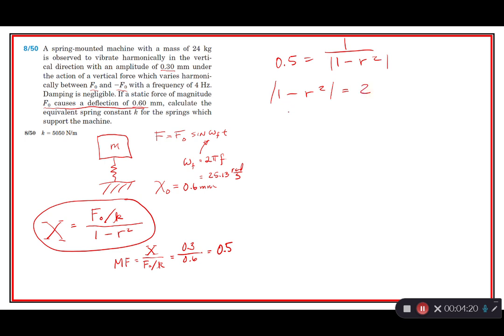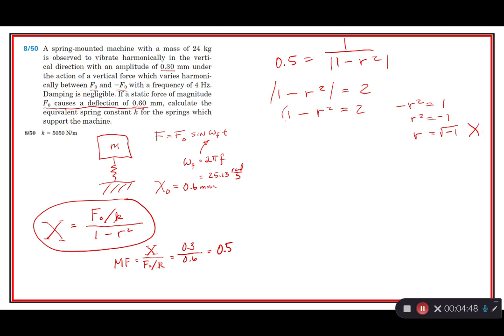If we let it be positive, we end up getting that negative r squared is equal to 1, so r squared is negative 1, and r is the square root of negative 1, which can't happen.